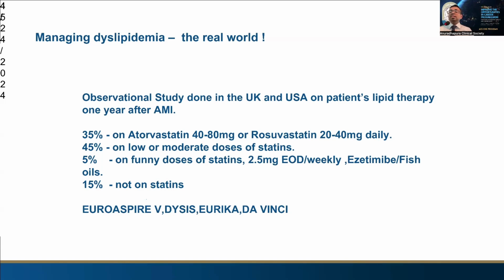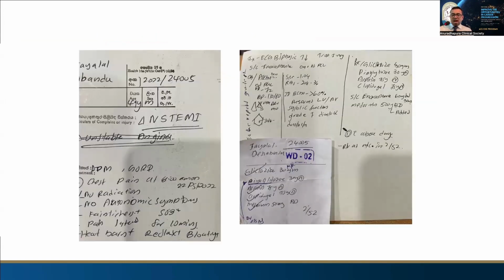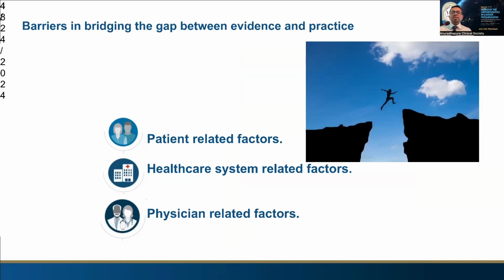So still it is challenging. And in our practice also, we see most of the patients are discharged after acute coronary events, and I can't even find the statin in these prescriptions. So they come without prescription, without statins. So it is very essential to make sure they are discharged on statins and all other medicines as well.